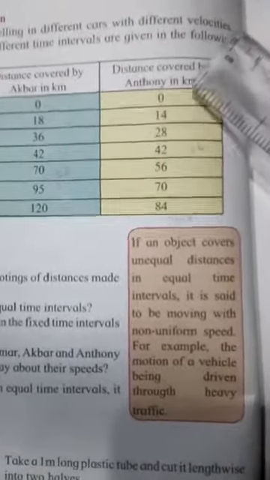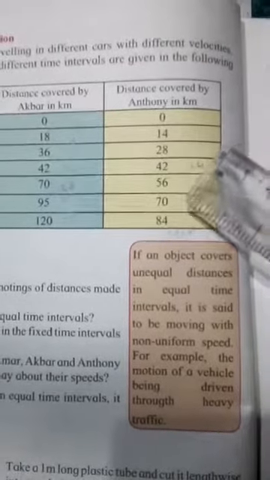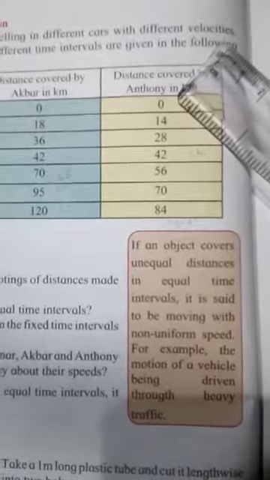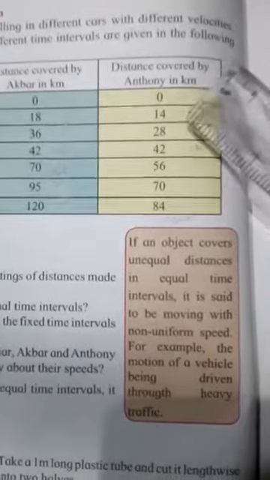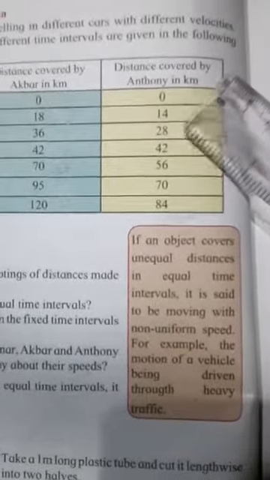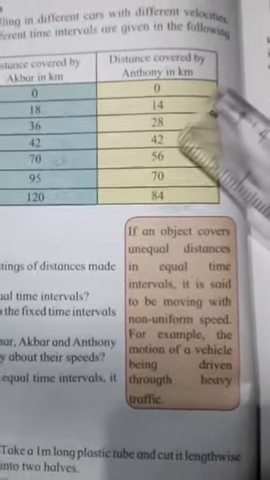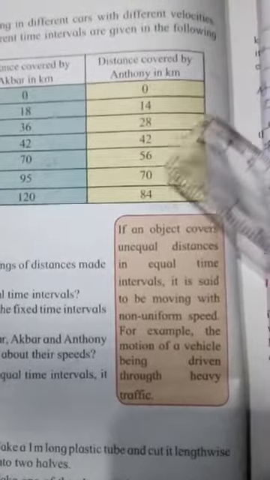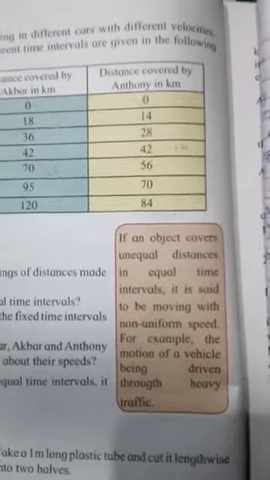And the last one, Anthony, how he covered the distance, that we will see. Starting, he covered 0 kilometers, then 14, then 28, then 42, then 56, then 70 and last 84.